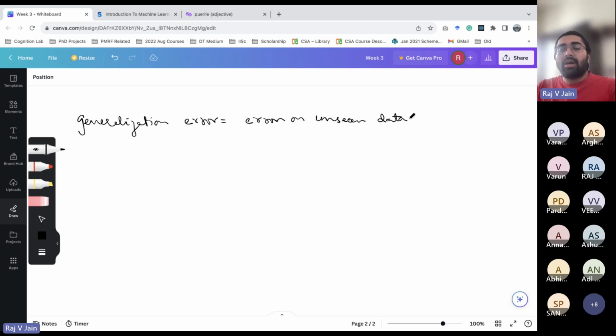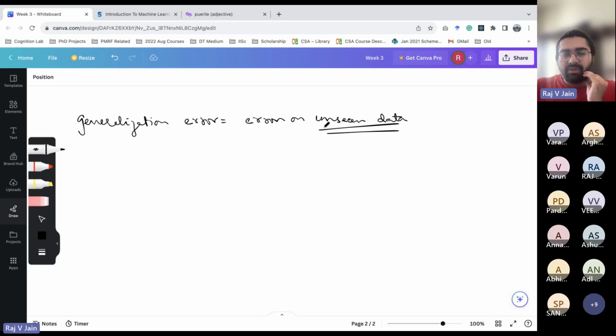If we want to know whether the child has learned or not, the best way is to give questions which the child has not seen before. So the idea is to take something not in the training data and check the error on this unseen data. If it has low error on the unseen data, that means it has learned the concepts or patterns well, rather than just memorizing what was given to it.